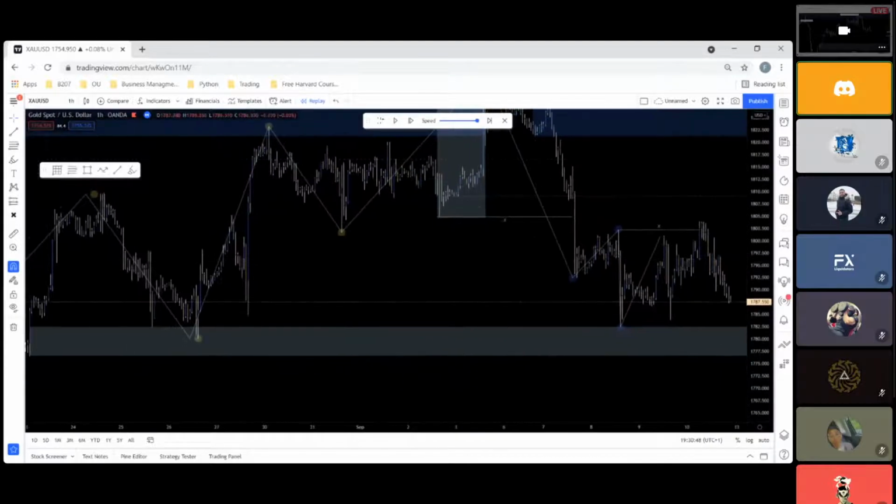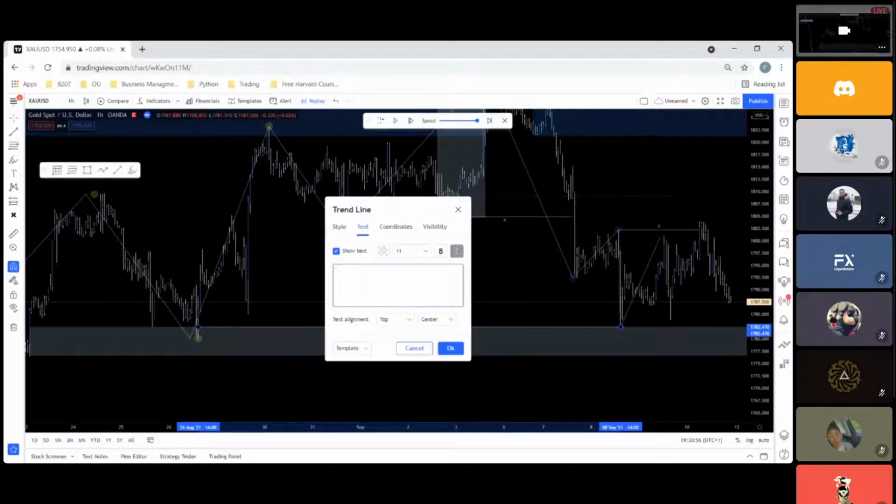So we've held here. When I said earlier about gold, it really likes to build internal liquidity and then take it. So it's a master of fake outs.